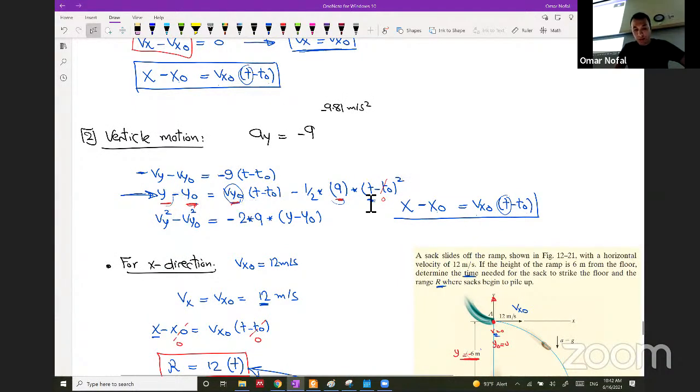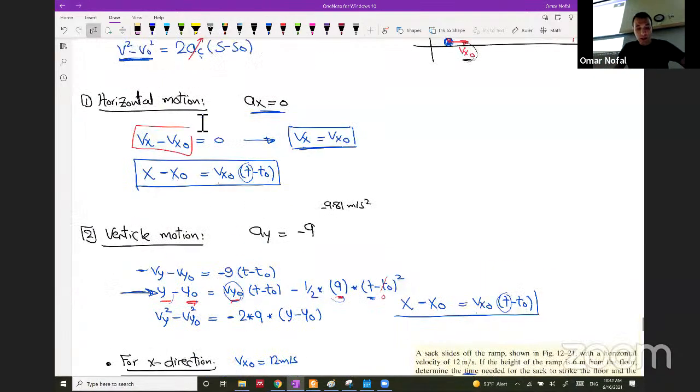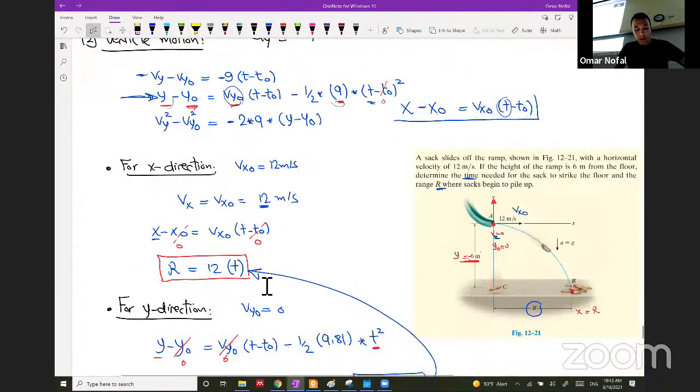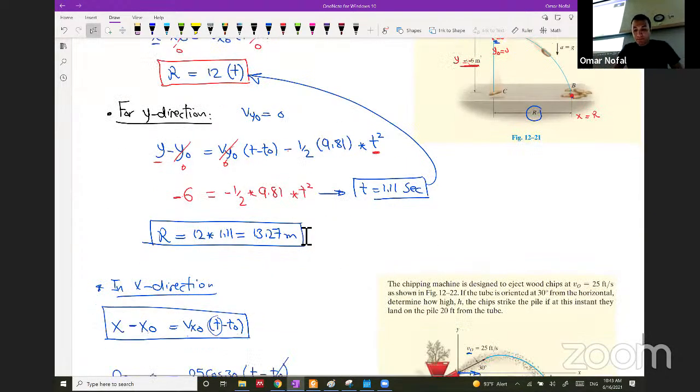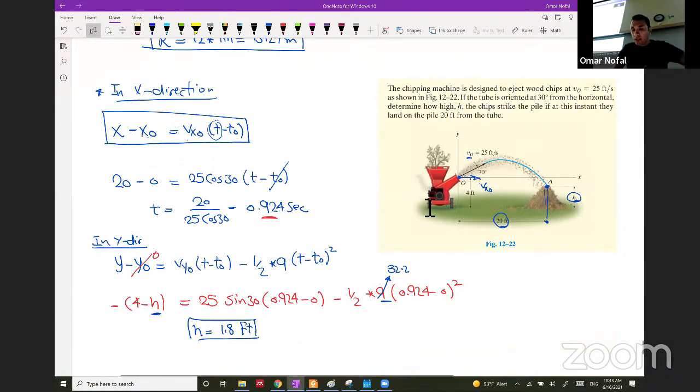If you try other equations, it might give you the final answer in terms of unknowns, like what we did here, where r is in terms of t. There is no problem. You will go to the other direction to get the time t and then substitute in the first equation. But it's more efficient to start by solving the equations with fewer unknowns, so you can get answers and then use these answers to solve the other equations. This is basically how we solve projectile motion.